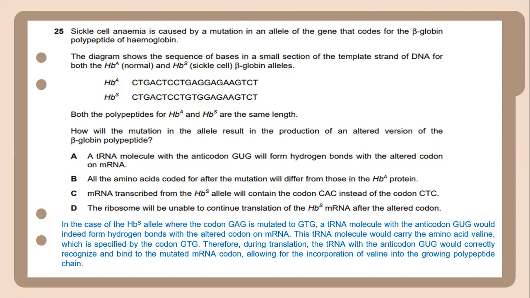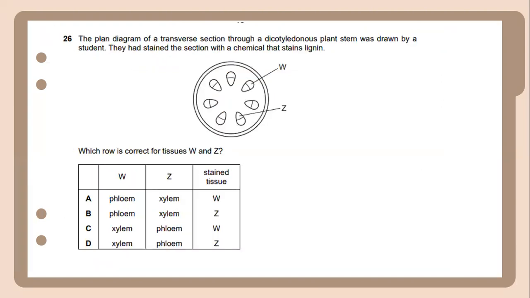Therefore, during translation, the tRNA with the anticodon GUG would correctly recognize and bind to the mutated mRNA codon, allowing for the incorporation of valine into the growing polypeptide chain. The answer will be a tRNA molecule with the anticodon GUG will form hydrogen bonds with the altered codon on mRNA.